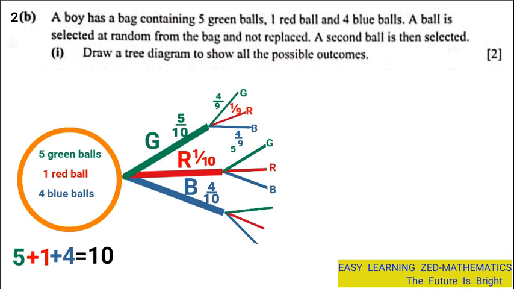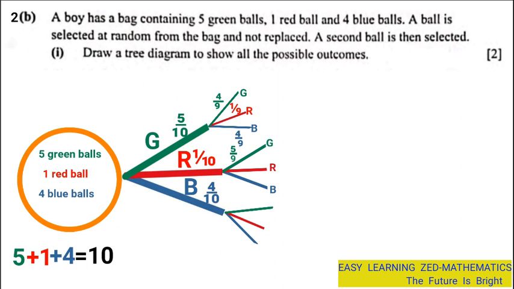Okay, now what will be the probability of picking a red ball when a red ball was picked at first? So picking a red ball for the second time, that means in the bag there was only 1 red ball, so the same red ball was picked at the first time.